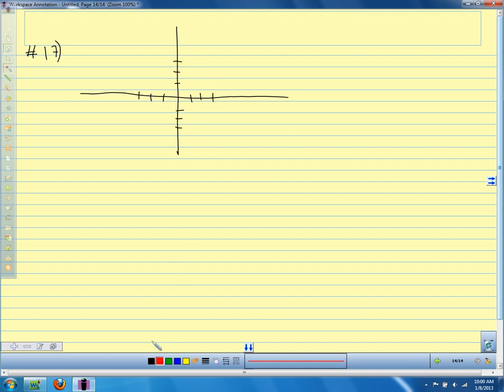So number 17 gives us a parallelogram. The vertices are 2, negative 2, so I'm going to go over 2 and down 2. The next one is negative 2 and up 3. The next one is negative 2, down 2. And the next one is over 2 and up.